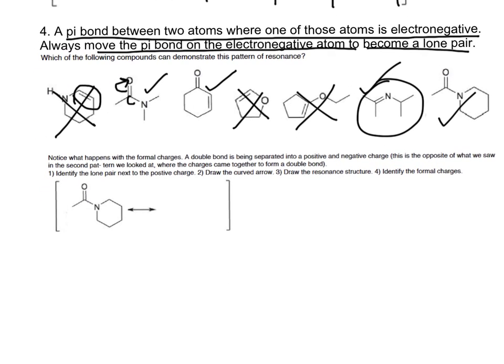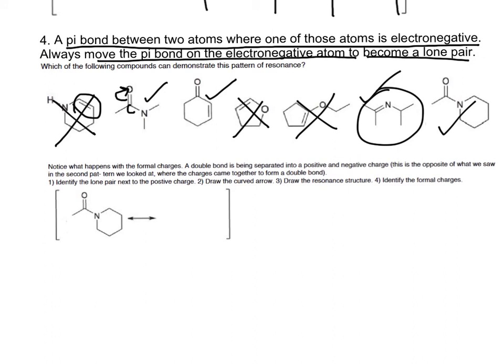So if we were to practice drawing resonance structures for this pattern, what we would do is push those pi electrons onto the oxygen. We create a negative charge on that oxygen and a positive charge on the carbon.